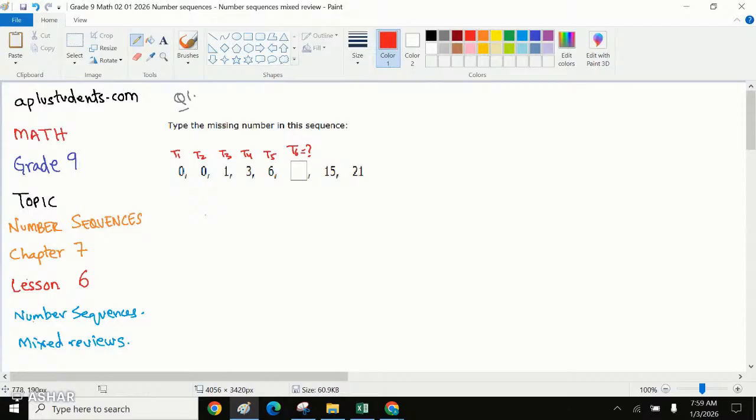Between term number 1 and term number 2, it's not changing, it's staying the same. But from term number 2 to term number 3, it's changing.